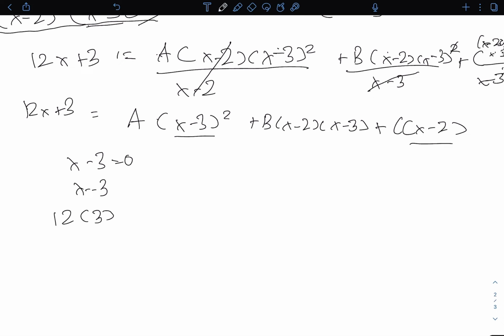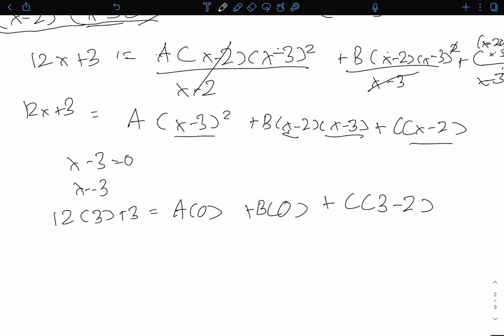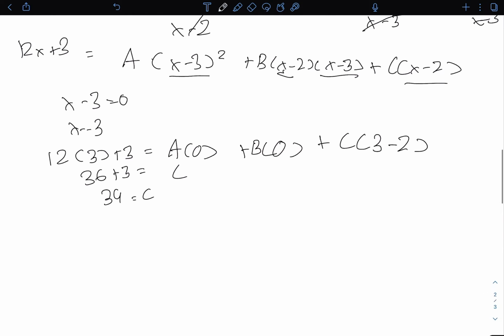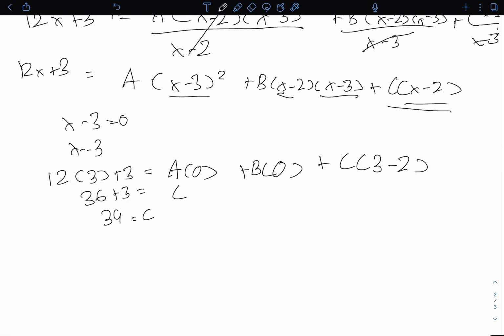So 3 plus 3 is equal to a times 0 plus b times 0 plus c. You can see x minus 3 over here is going to be 0, so I can straight away write 0 in its place. And over here, 3 minus 2 gives 1, so 3 plus 3 is equal to c, 6 equals c. Now let's find the value of a. Let's equate x minus 2 to 0.